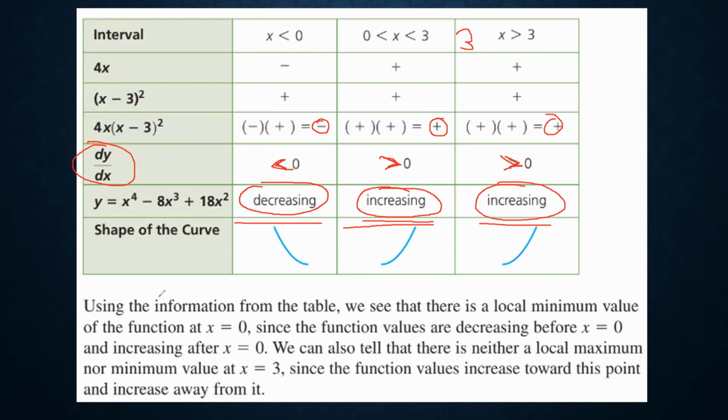Using the information from the table, we see that there is a local minimum value of the function at x equals 0, since the function values are decreasing before x equals 0 and increasing after x equals 0. We can also tell that there is neither a local maximum nor minimum value at x equals 3, since the function values increase towards this point and increase away from it.